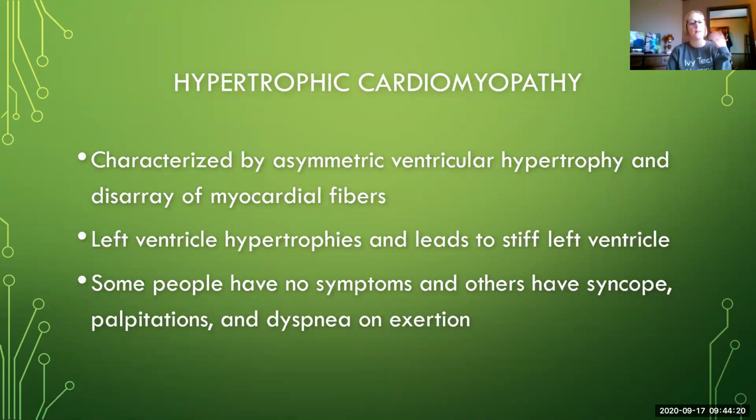Because that left ventricular wall is hypertrophied, it causes the chambers to be much smaller too. So it can't get adequate output because the chambers can't fill enough, and that ventricle is just too hypertrophied. And this often can cause sudden cardiac death and ventricular dysrhythmias with this hypertrophic cardiomyopathy.